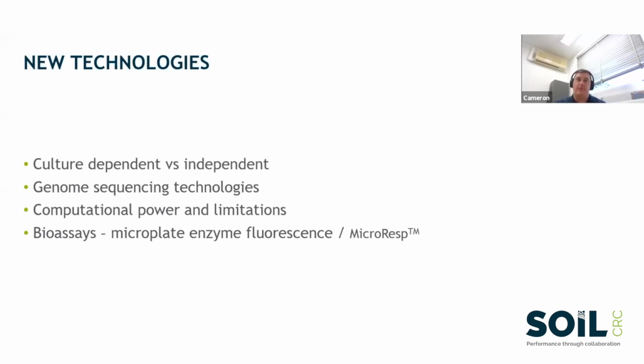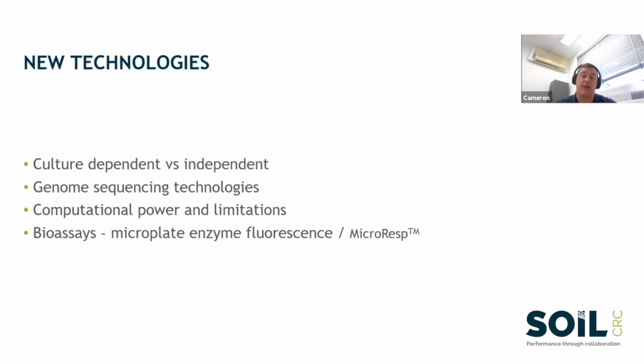Before, we were talking about the function of soils. There are bioassays now where you can take a section of soil and quickly run it on a microplate, or there's a box called MicroResp, and that will tell you if the microbes in that soil are respiring. So if they're doing their job, if they're functioning, as I showed you earlier, they're producing CO2.